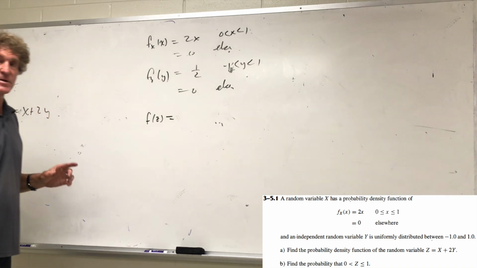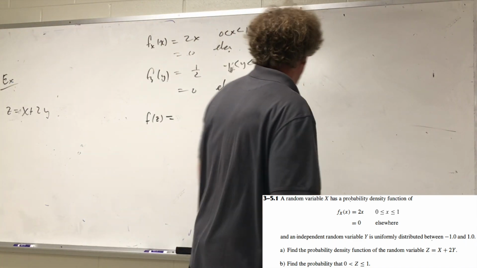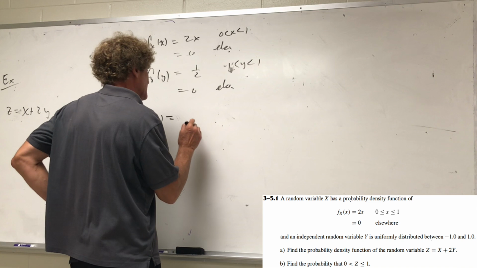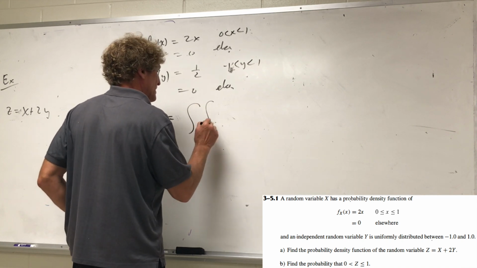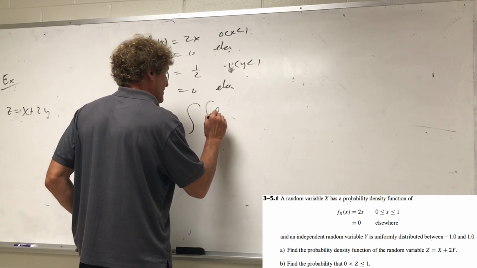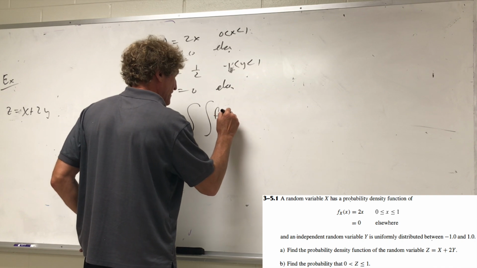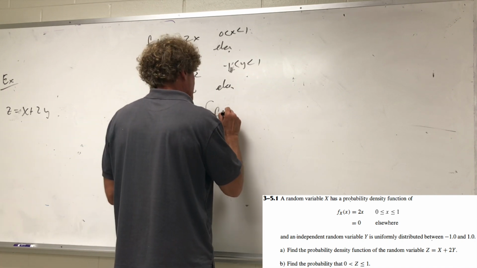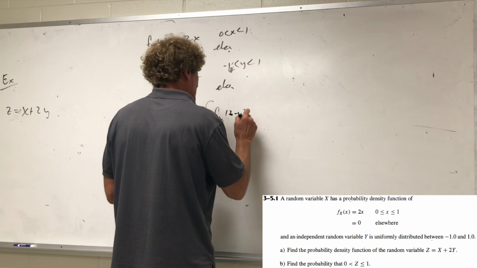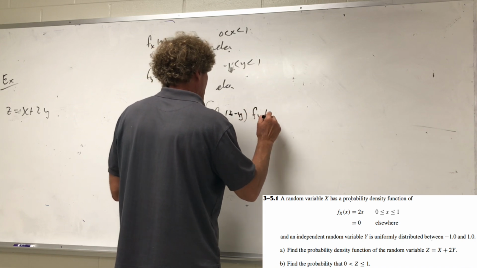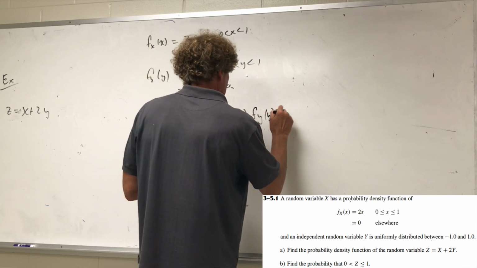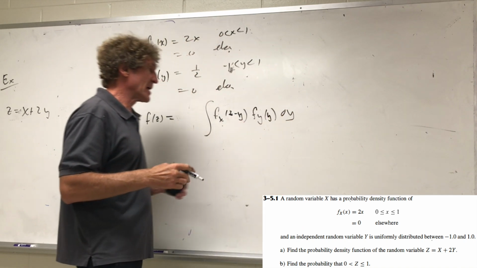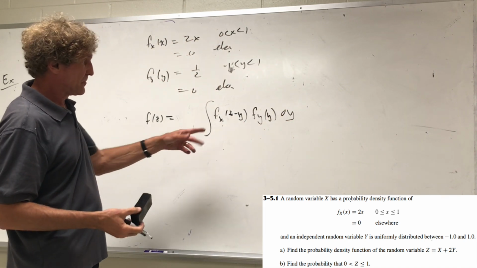Remember that integration I had right here? This f of z is going to be a double integral. The way I had it before was f of x of z minus y times f of y dy.